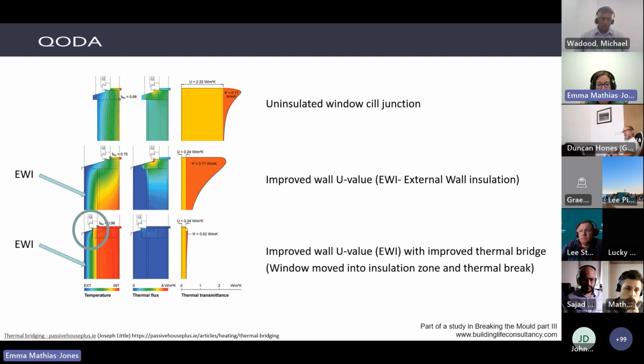So this shows how, if we think not just about adding external wall insulation but about improving that thermal bridge, we can reduce the thermal transmittance significantly. Here they've moved the window into the insulation zone, and used a thermal break product, maybe like Compacfoam or Purmo's Almacert, to support the window in that zone. You can see how much of a difference that makes.